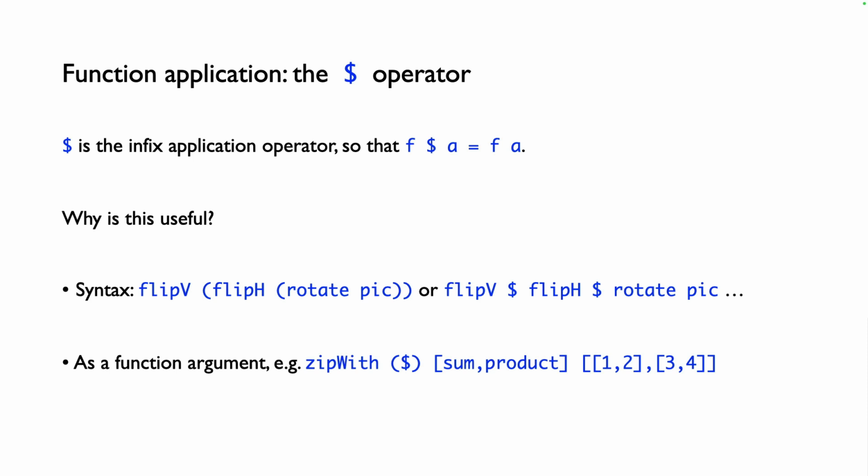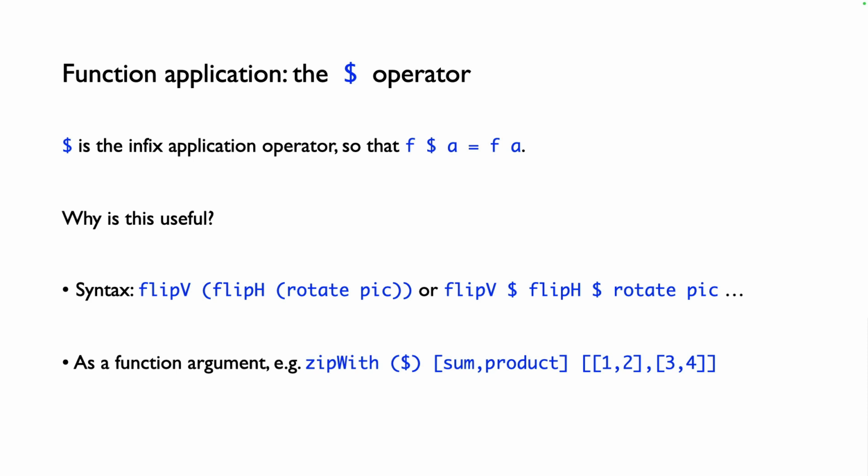The first is a matter of making things a bit easier to read, or having to type a few fewer symbols. So instead of writing brackets as we have in flip v applied to brackets flip h, brackets rotate pick, we can use dollar instead, and we can say flip v dollar, apply to everything on the right hand side, flip h dollar.